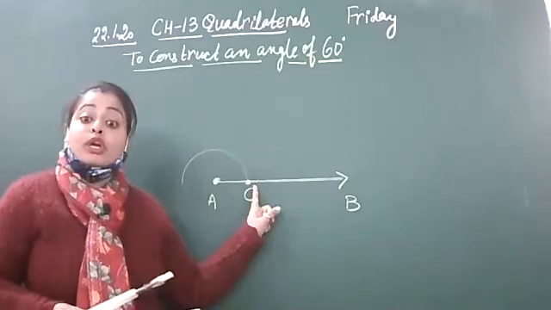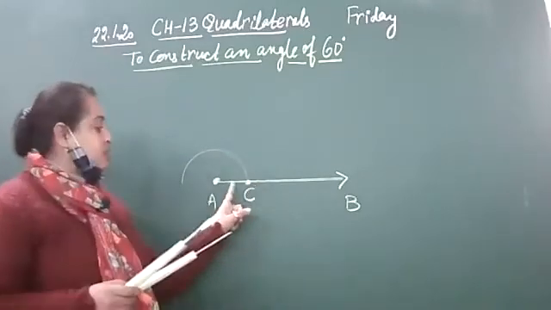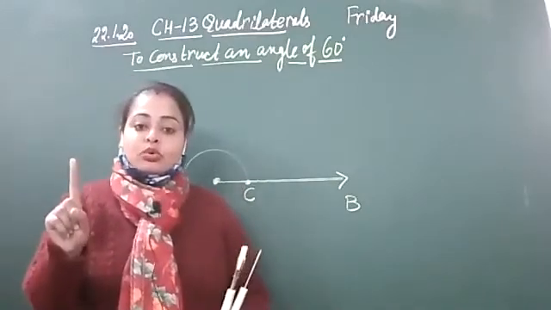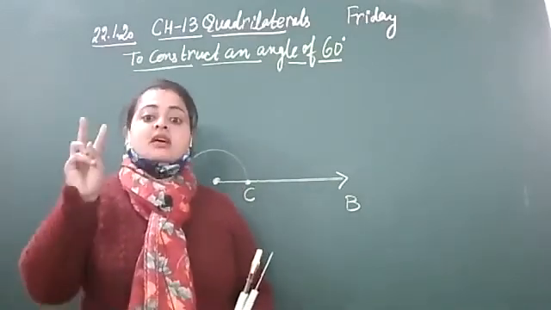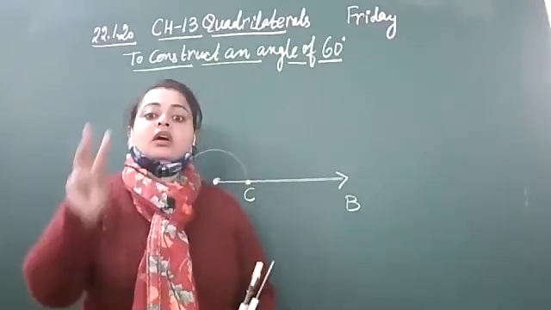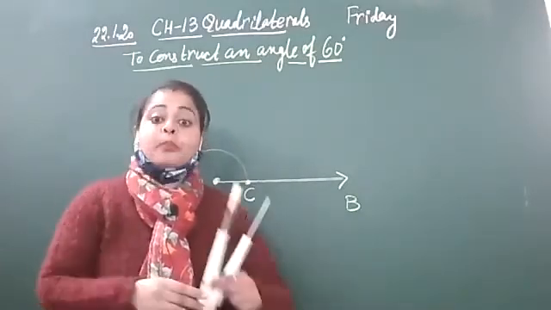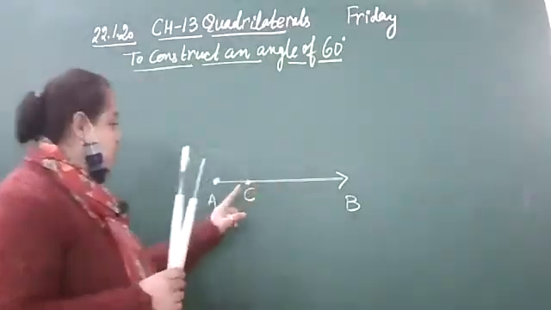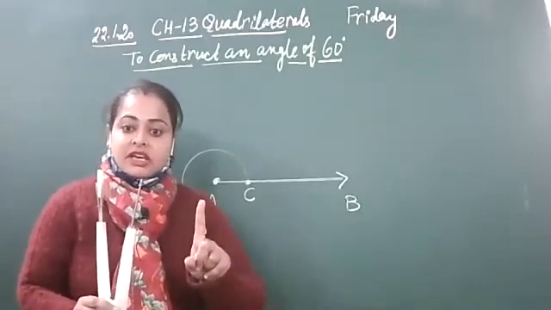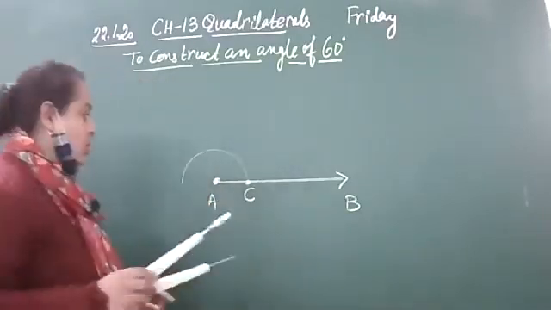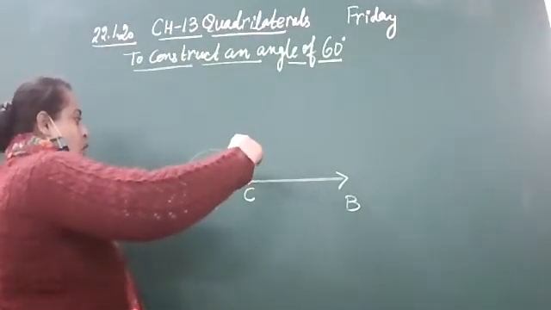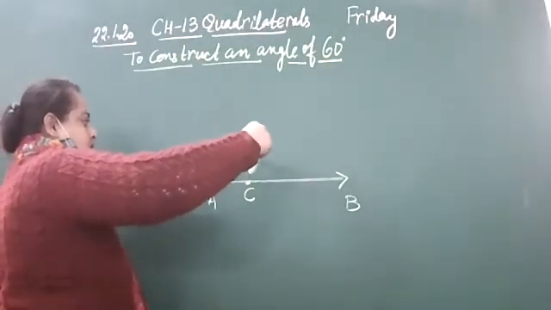Now I am going to put the compass at this point C. This is your next step. The first step is to draw a ray. The second step is to draw a semicircle. The third step is to put your compass at C with the same size; you will not change the size of the compass. Now put your compass at C and draw an arc like this.